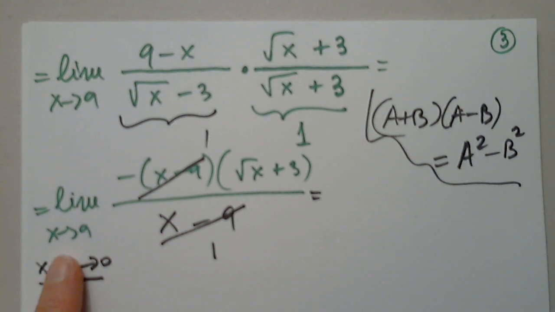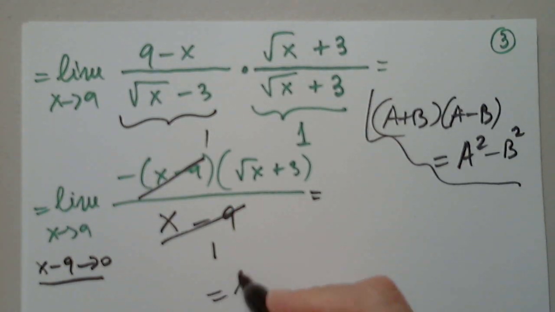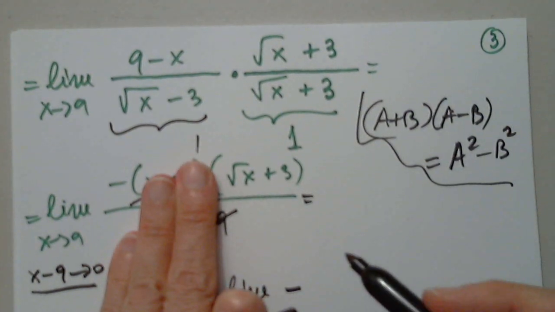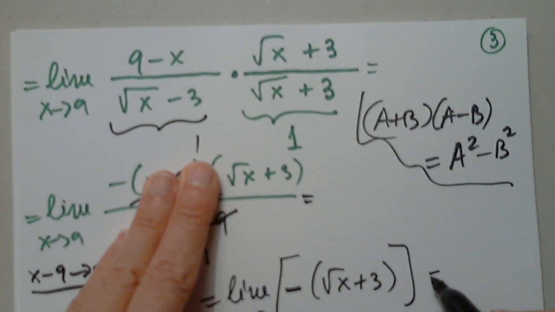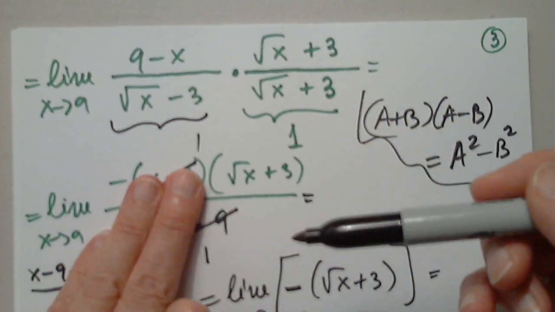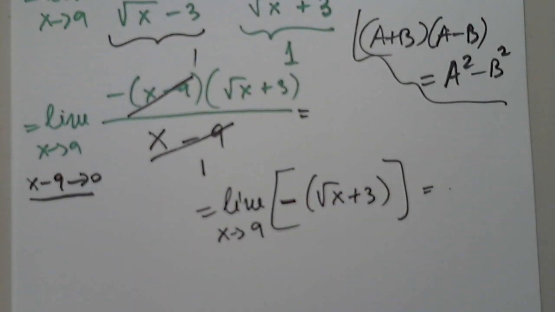We are applying the limit to the quantities. Let me write it one more time. Maybe that's the confusion. Okay. So we are applying the limit as x approaches 9 to negative the square root of x plus 3. This is gone. Negative the square root of x plus 3. And we are applying the limit when we determine the final answer.